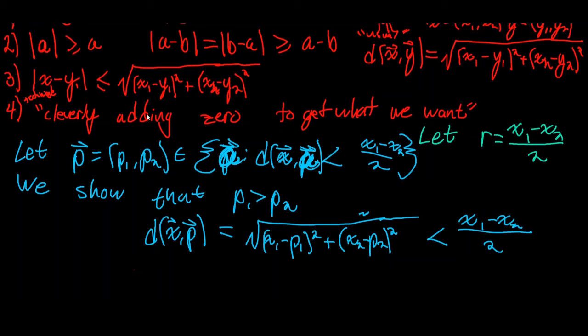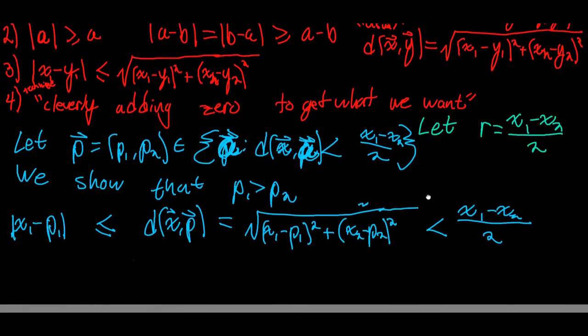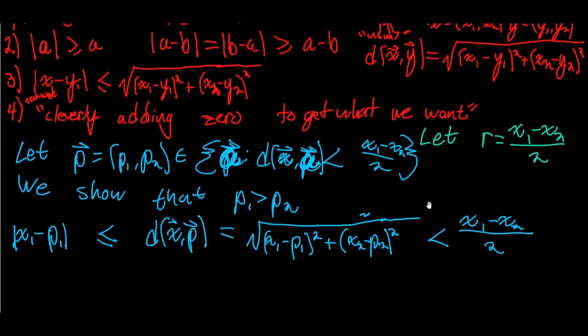And remember our third fact here. We can use this fact right here. We can say that the absolute value of x1 minus p1 is less than or equal to this, and therefore the absolute value of x1 minus p1 is strictly less than the radius. So this point will come in handy in a little bit.